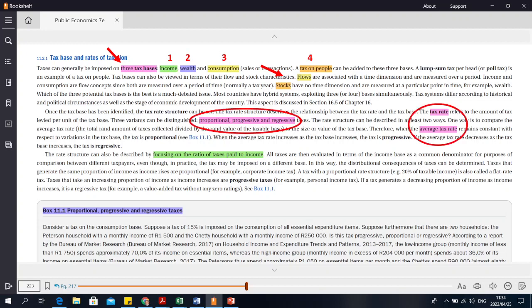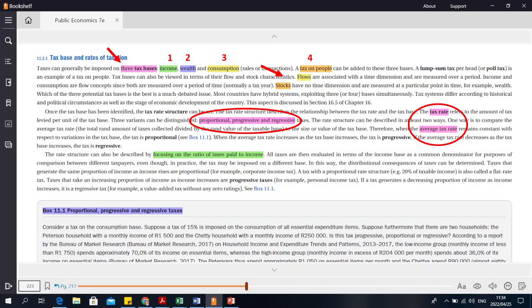Then we have obviously the proportional, progressive and regressive taxes, and we use the average tax rate to determine whether a tax is proportional. If everybody in the country pays the same average tax rate, let's say everybody pays 20% of their income, whatever the income is, then that would be a proportional tax.